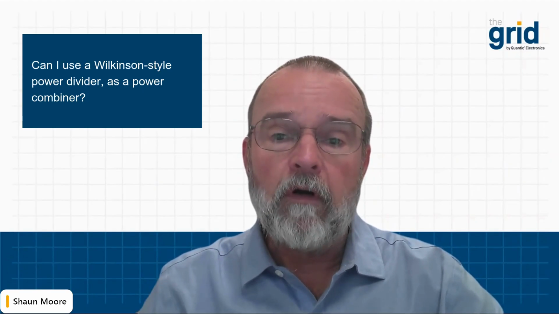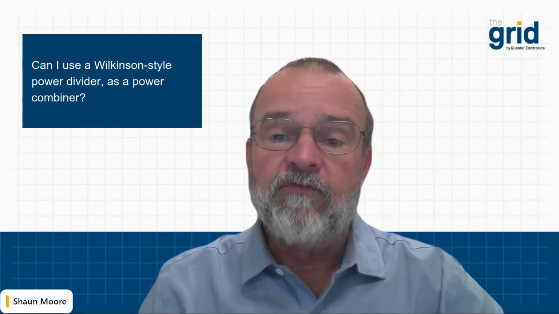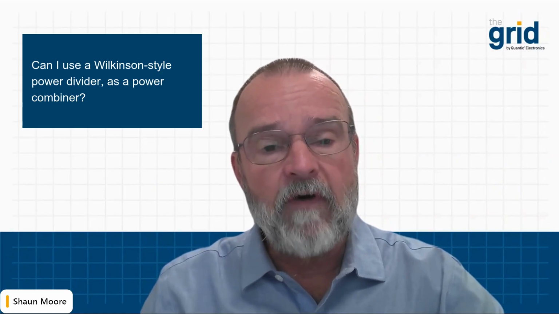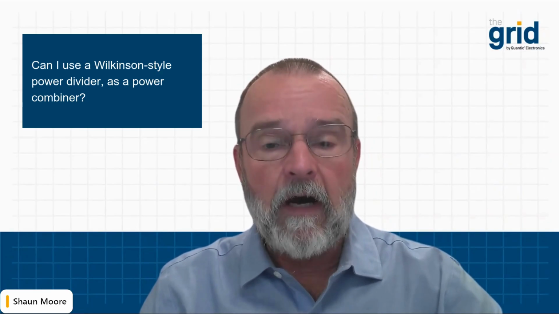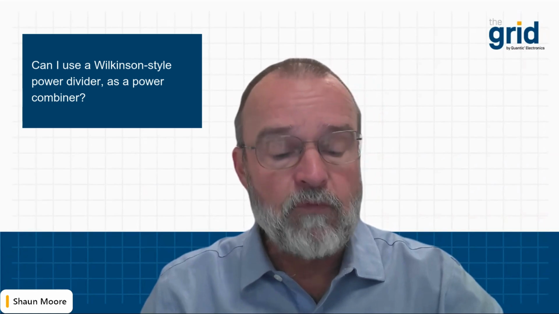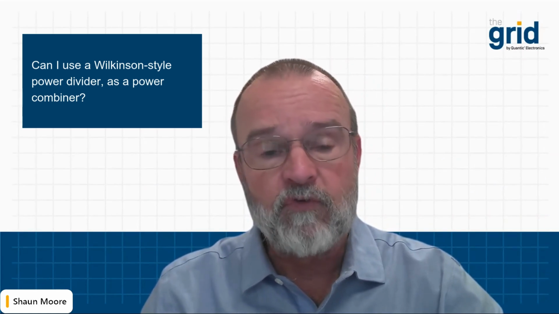For a Wilkinson divider, there is virtually no voltage across the isolation resistors inside the divider, so very little power is dissipated in the divider itself. All the power essentially passes right through because very little voltage is built up across those resistors.